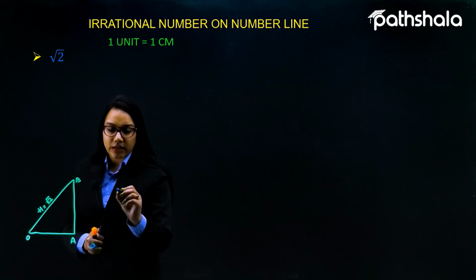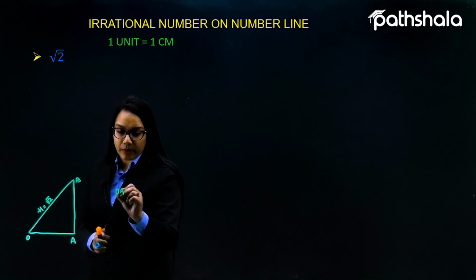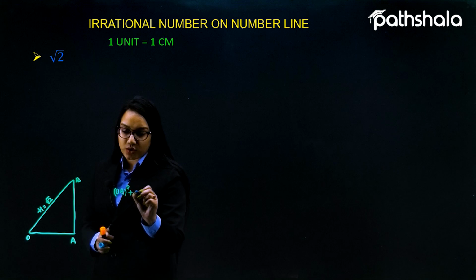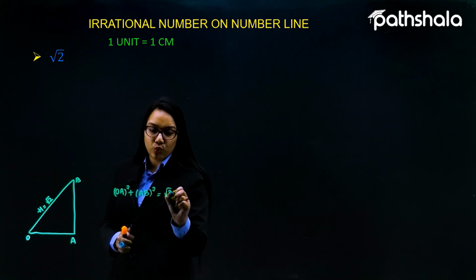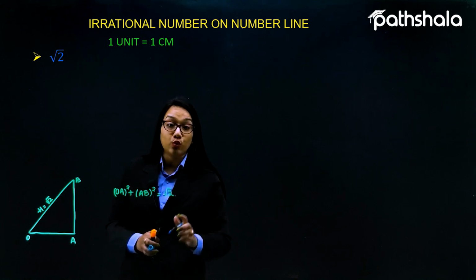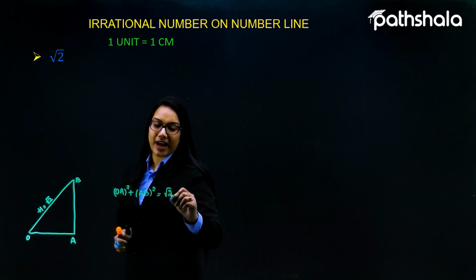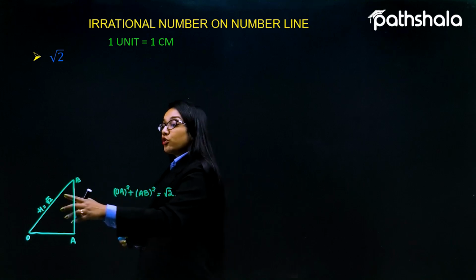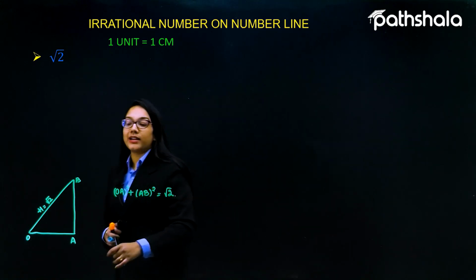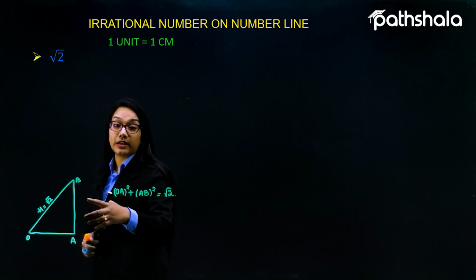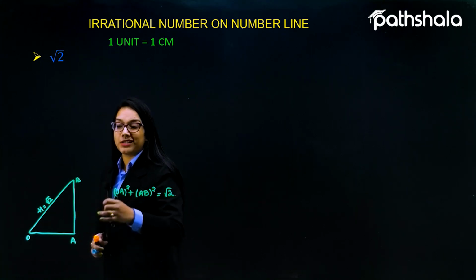So according to the Pythagoras theorem, OA square plus AB square should be equal to OB square, which means the hypotenuse should come out to be root 2. So we have to take the base and the perpendicular in such a manner that the hypotenuse is equal to root 2.